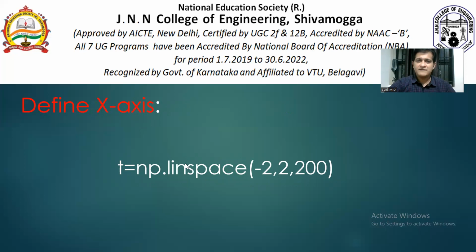For that we are using the linspace function in the numpy library. We define the time to start at -2 and end at 2, and these are the points that we have from -2 to 2.